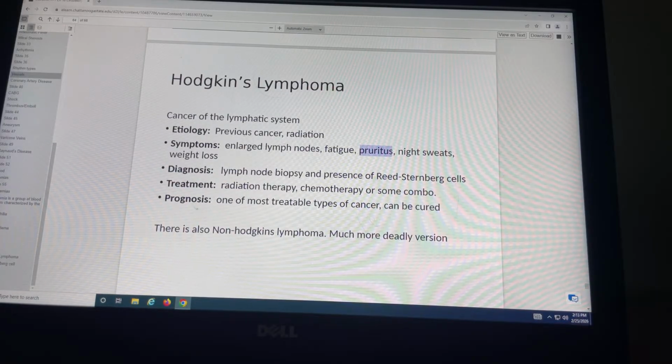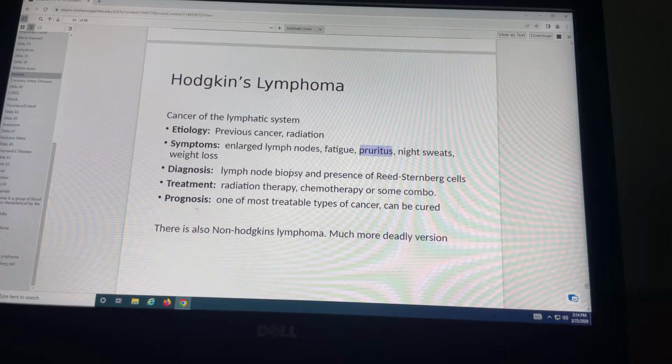If someone comes in with lymph node swelling, especially if they're not sick, it's normal for your lymph nodes to get swollen when you're sick, like with a sore throat or a cold. The lymph nodes right under your chin, in your neck, can get swollen. That's normal. But this is when you're healthy and they're just swollen all the time, and you're like, okay, what's going on, right? Does that make sense?